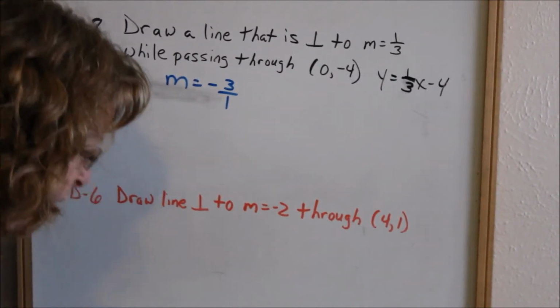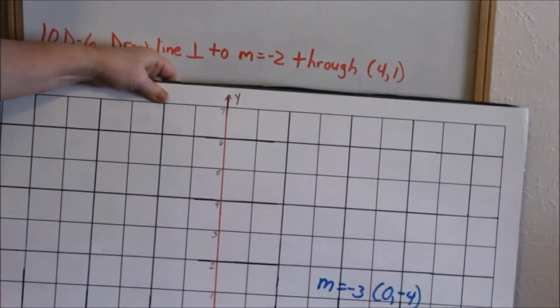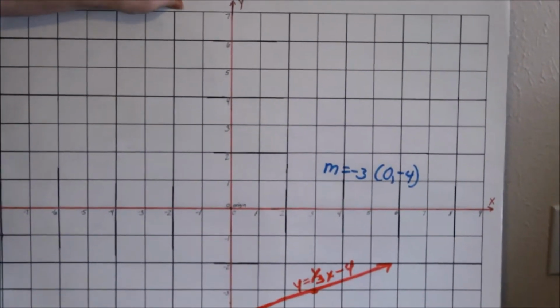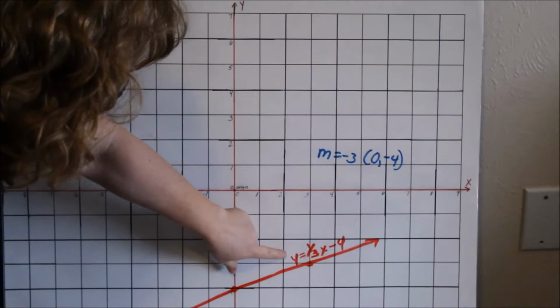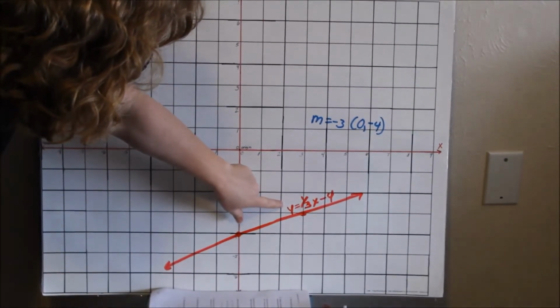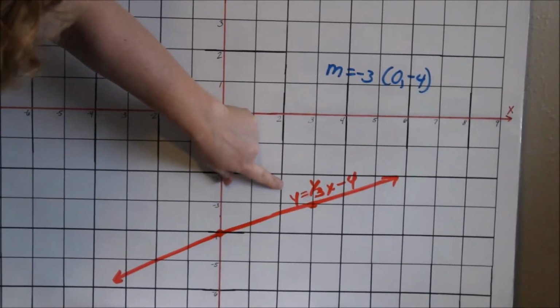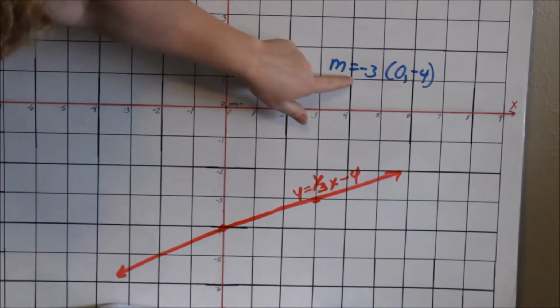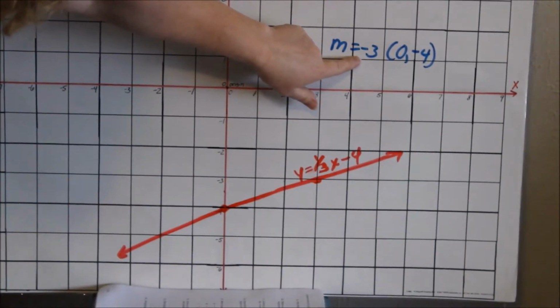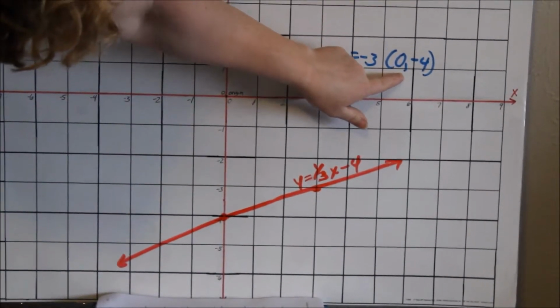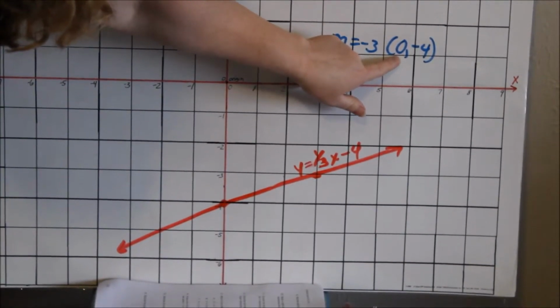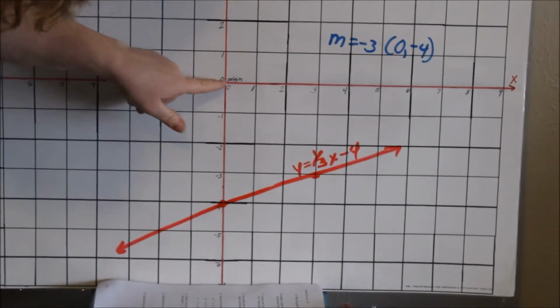So when we graph that, here's our original line of y equals 1/3 x minus 4. Okay, that's our original line. But we want to be perpendicular to that. So perpendicular, we said we needed our slope to be -3, and we're going to go through 0, -4. So we graph 0, -4. 0 is our x-coordinate.